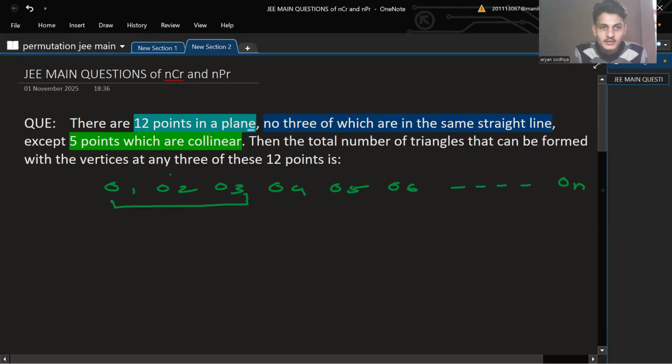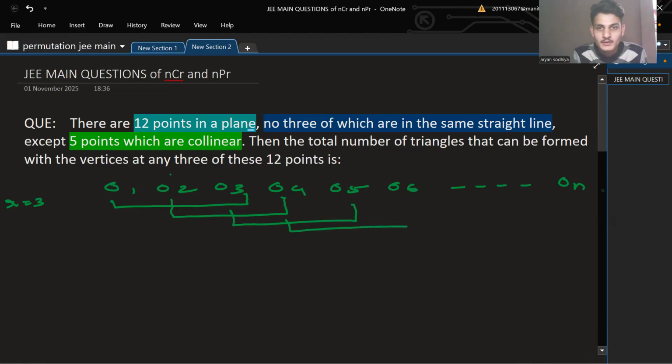Here R is 3. How many groups can be made? This one is possible, this one is also possible, this one group is also possible, and similarly this one.